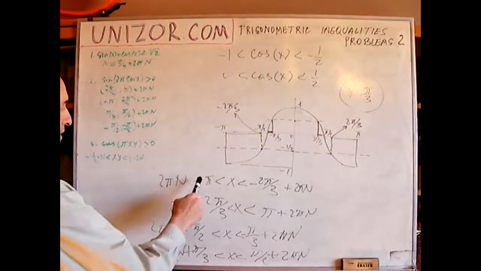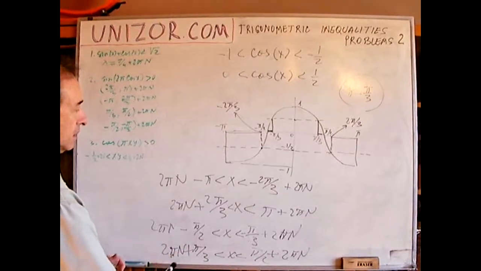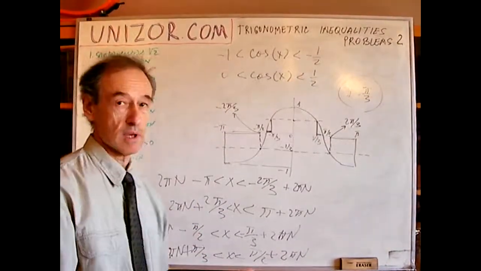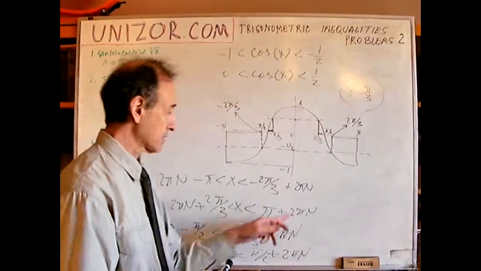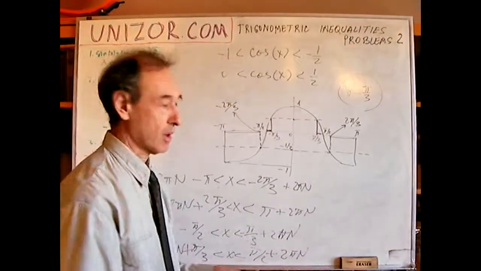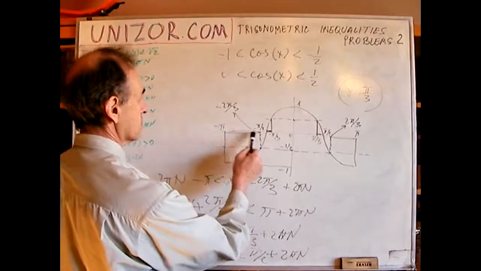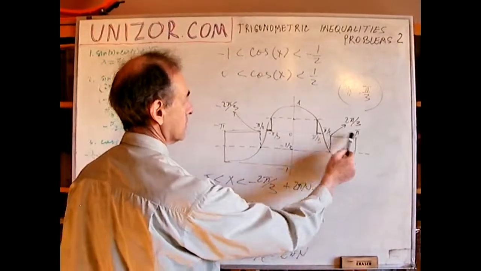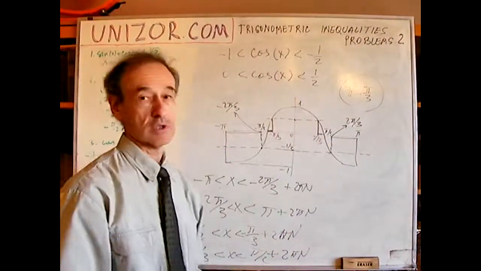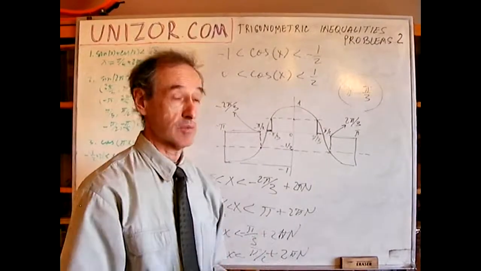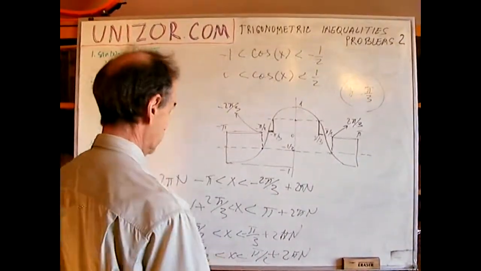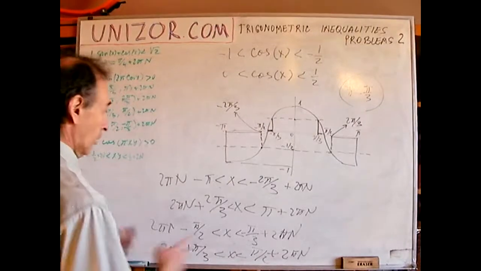So, these are 4 different groups of intervals. Now, why groups? Because of this n. N is any integer number. So for any specific n, we have 4 intervals, which is this one, this one, this one, and this one, where the original inequality holds true, right? Okay, that's it.